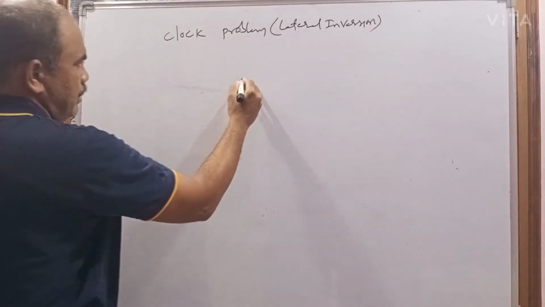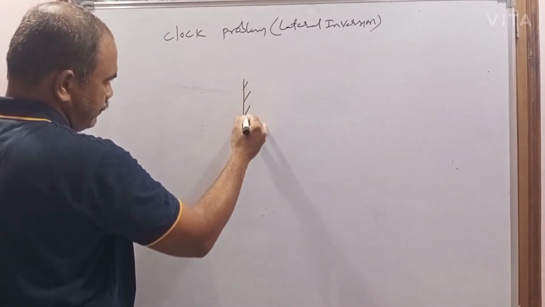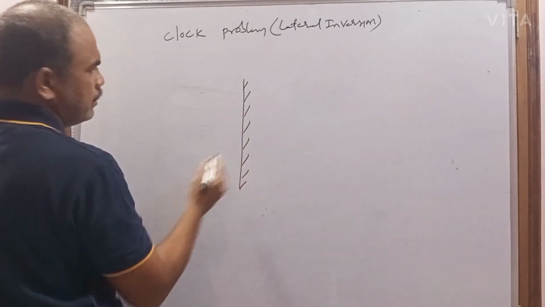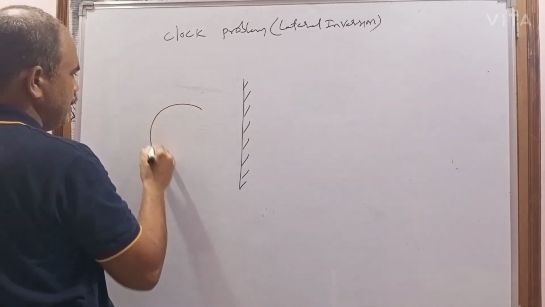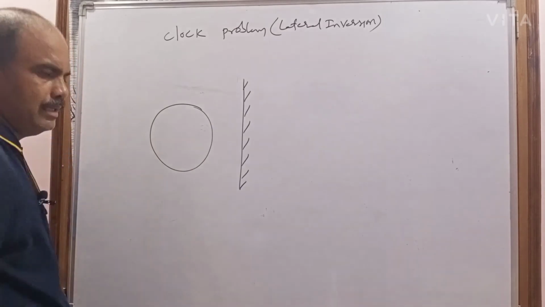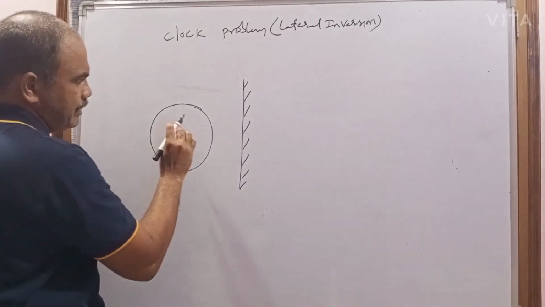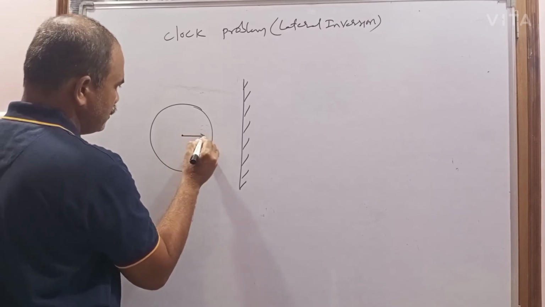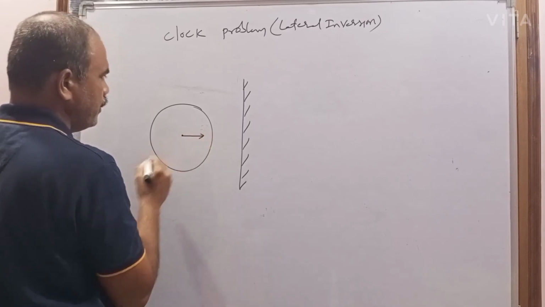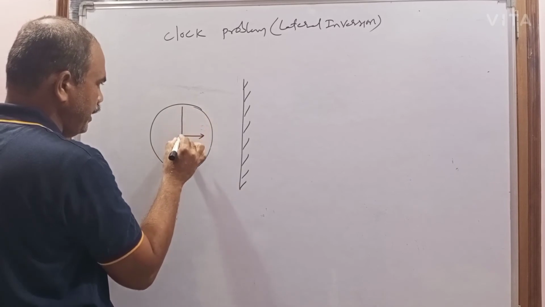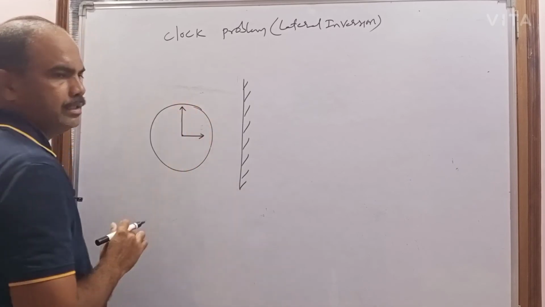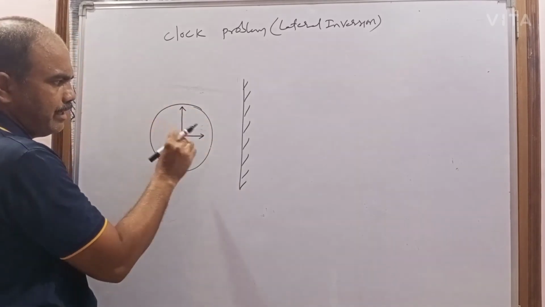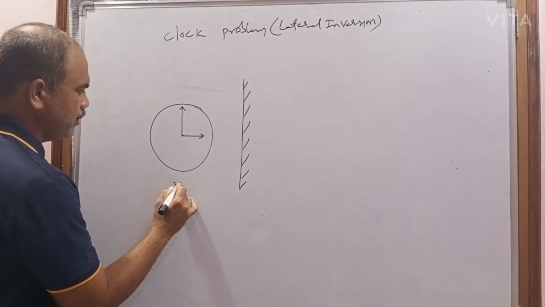So now consider this is a plane mirror. In front of the plane mirror, let us consider this is a clock, and this is the actual clock. In this actual clock, the hour hand will be representing 3 o'clock, and the minute hand will be at 12. What is the actual time in this clock? This is 3 o'clock.